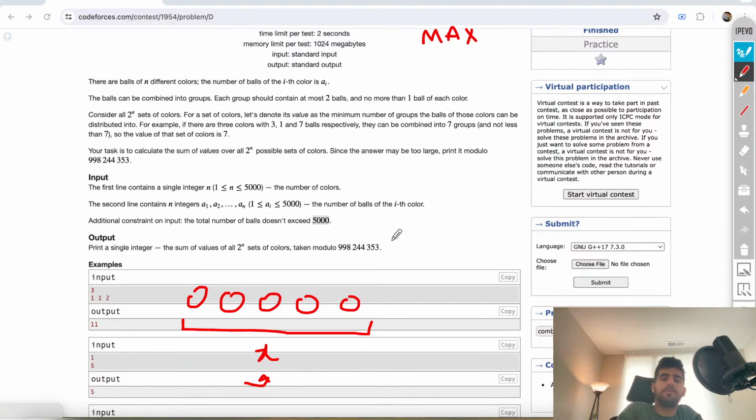So if previously I was in the state I and J, now I will go to the state I plus X and maximum of J and X. Because if my sum was I and my maximum was J, now my sum is I plus X and my maximum is max of J and X, right?